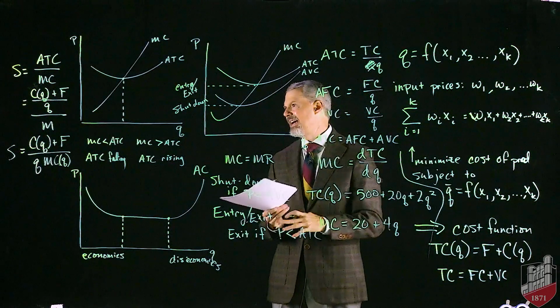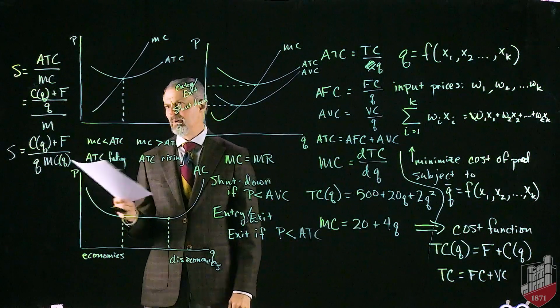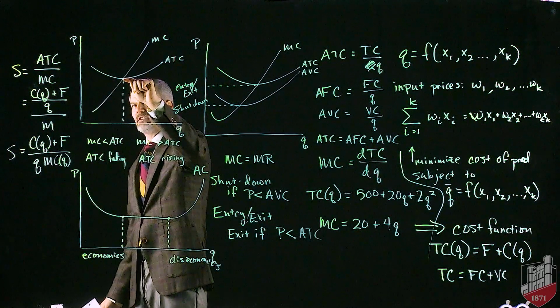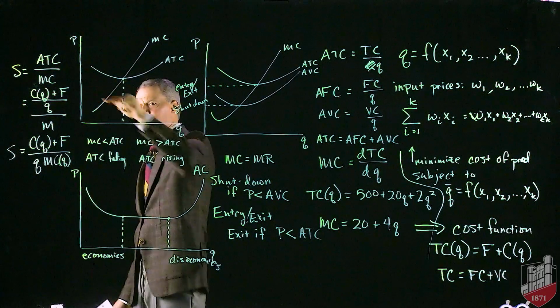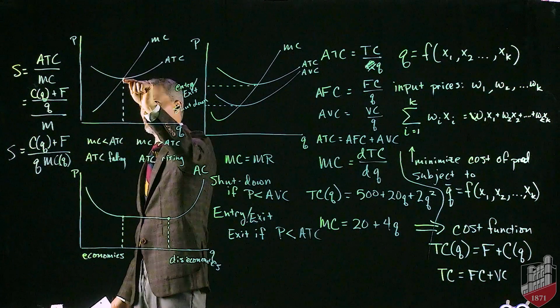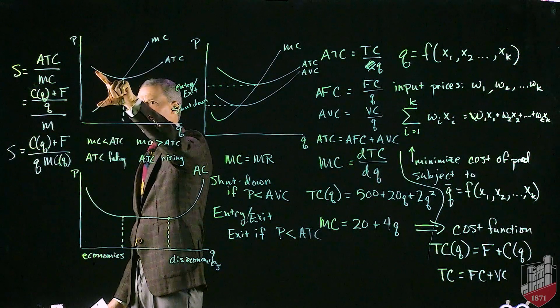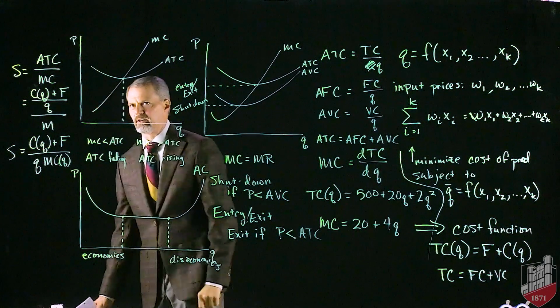So that's S. The more S exceeds 1, the bigger the scale economies. So right here, average total cost and marginal cost are equal. So that S would be equal to 1 right here. But as we move over in this direction, average total cost is getting bigger and bigger compared to marginal cost. And so S would be getting bigger there.